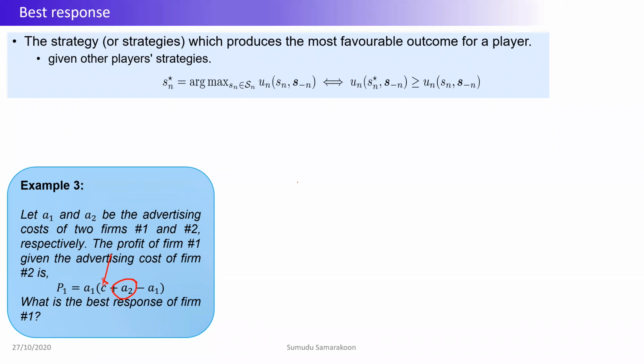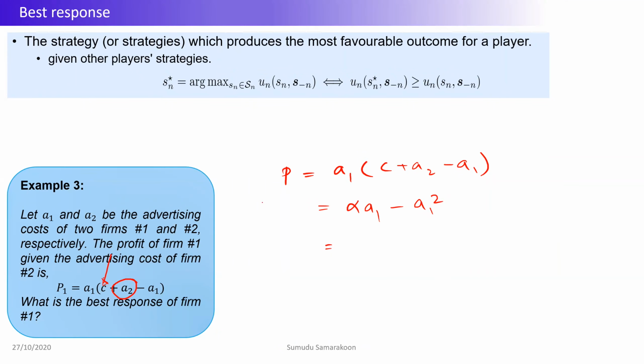So now if you think the profit is equal to A1 times (C plus A2 minus A1), basically we can write it as alpha times A1 minus A1 square.